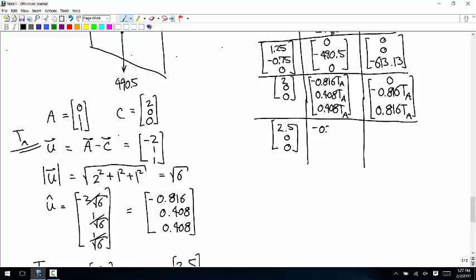So negative 0.707 TB, positive 0.424 TB, and negative 0.566 TB. And the cross product is 0, 1.42 TB, 1.06 TB.